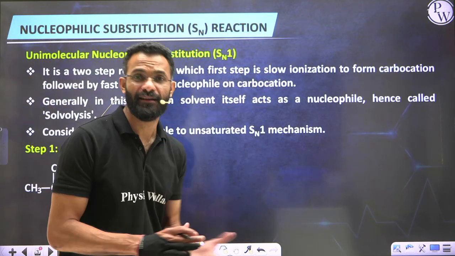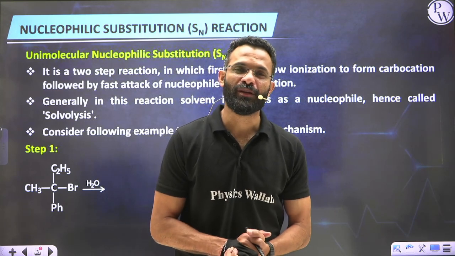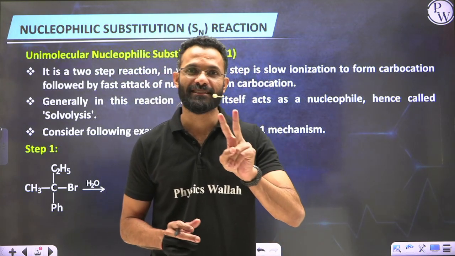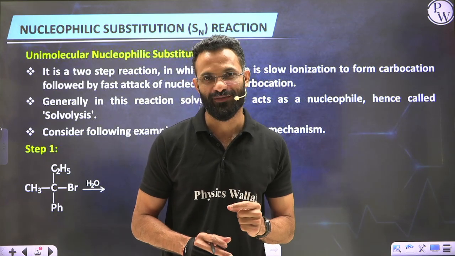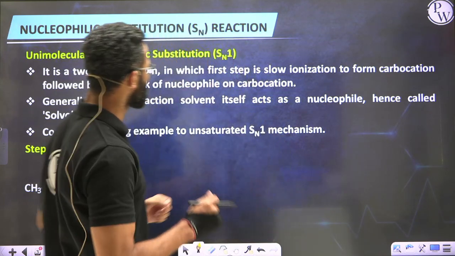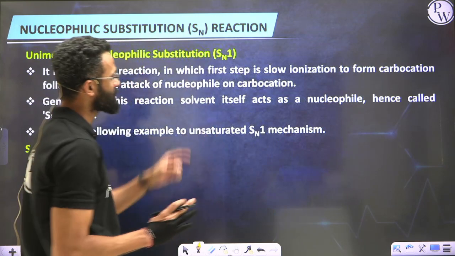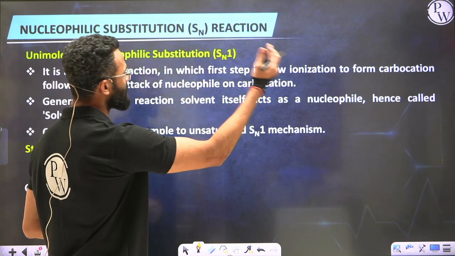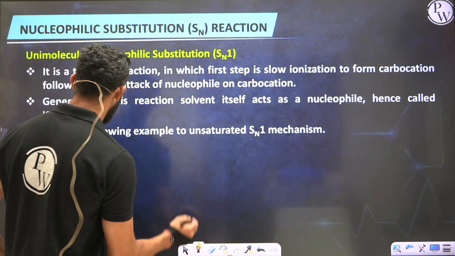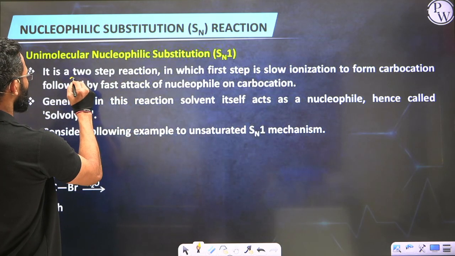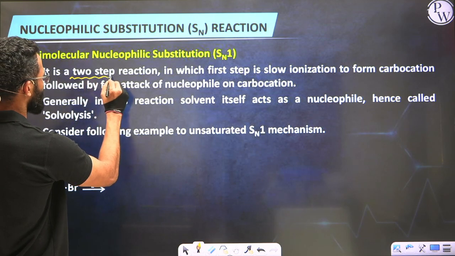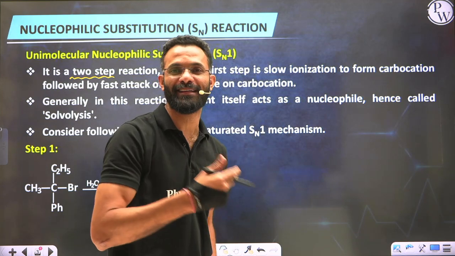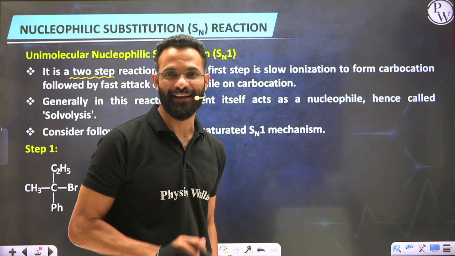Okay guys, when you talk about unimolecular nucleophilic substitution reactions, there are two important things that you should always remind yourself. Firstly, when you see it is SN1, it's a unimolecular nucleophilic substitution reaction and it is a two-step reaction. I want you guys to remember, first important point, SN1 is a two-step reaction. Likewise, when we'll be learning SN2, remember SN2 will be a one-step reaction.